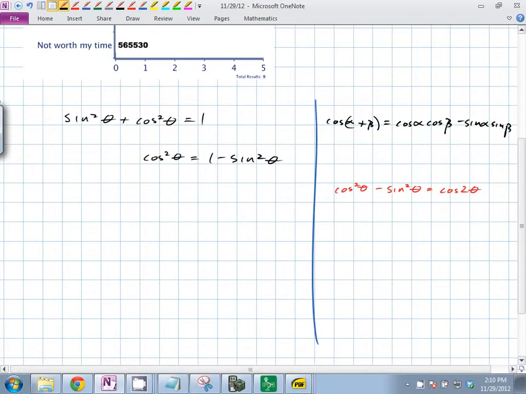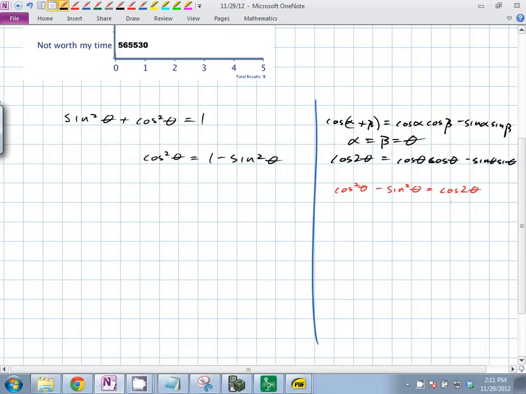So if you have alpha equals beta equals theta, you turn it into cosine 2 theta. So you end up with cosine of 2 theta is equal to cosine theta squared minus sine theta squared. We're just going back to the beginning here.